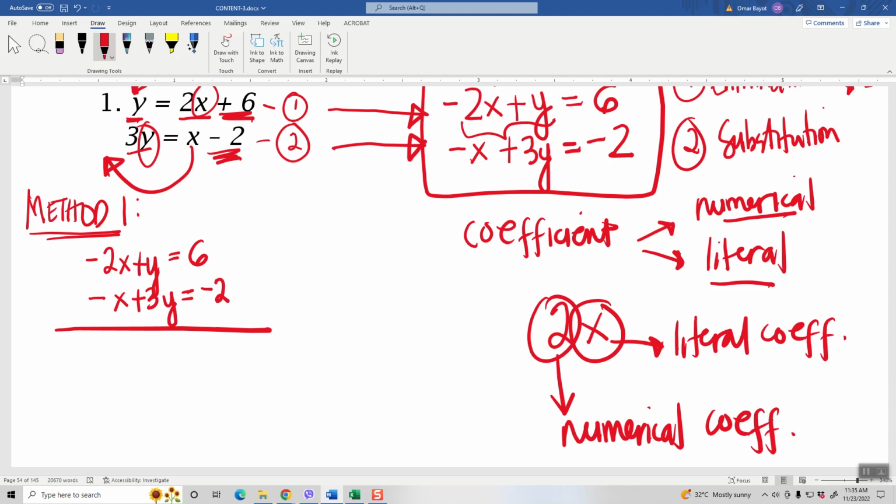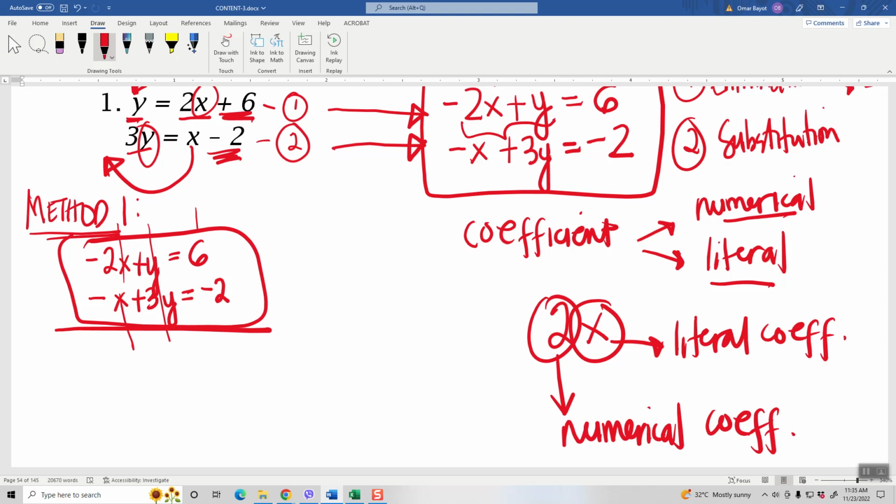Okay? So, in method number 1, I'm driving your attention here. I'm going to eliminate one of its variables. How? There are two ways. Paano ko i-eliminate? I'm going to check each of these columns here para ma-eliminate ko.